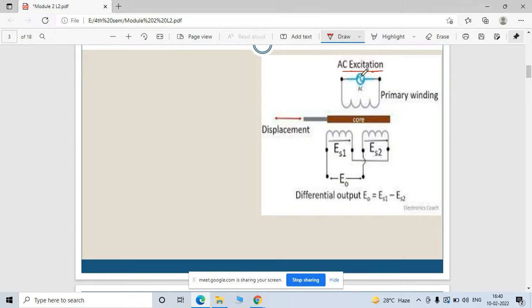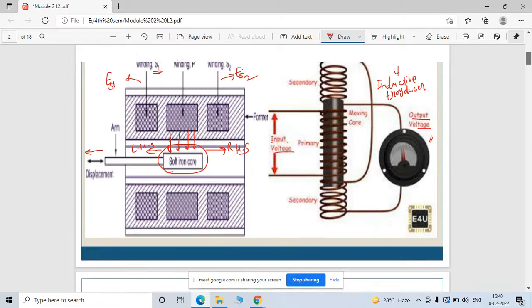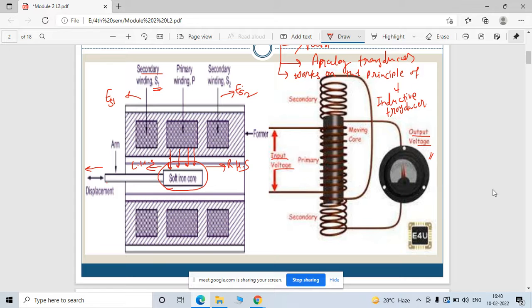Here this AC winding is excited. So secondary windings are also there. If the excitation is happening here, flux is established around this coil. So that is linking with the secondary side of the coils, right? Because both the secondary windings are placed above and below of this, and both windings are connected to each other, right? Just with the help of this wire.